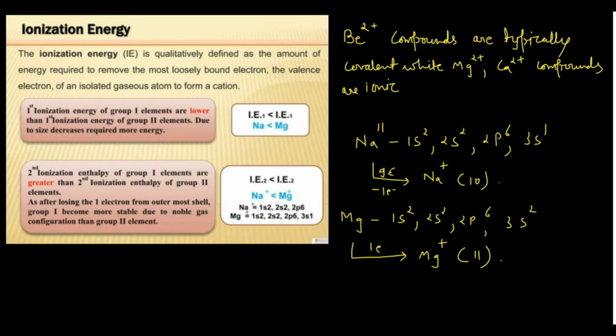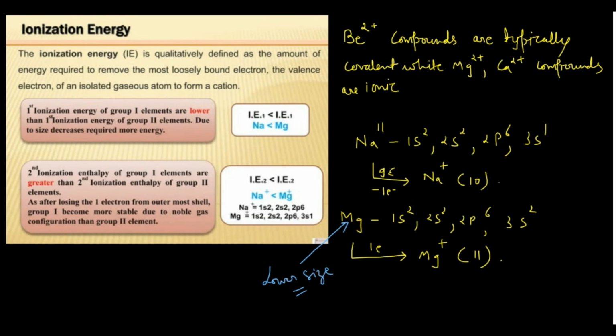While for the group 2 metals, as you move across the period, group 2 metals will have a smaller size. So please remember, group 2 metals have a smaller size. Since the size of the alkaline earth metals is small, their effective nuclear charge is quite high, and due to this high effective nuclear charge, magnesium is quite reluctant to lose the electron from here.